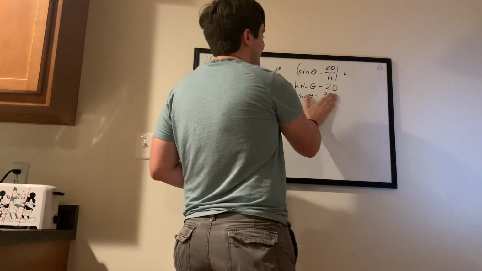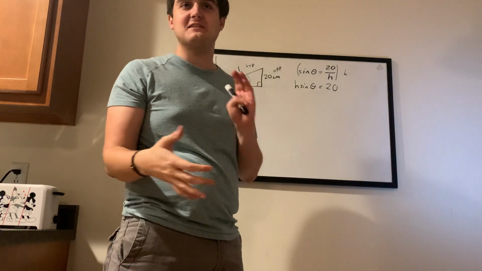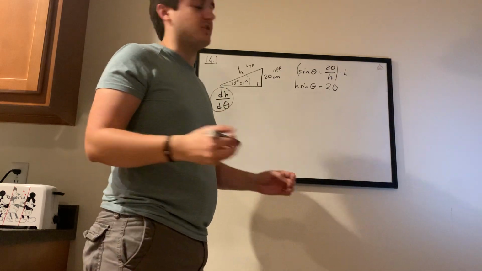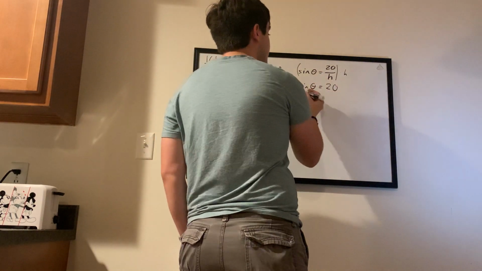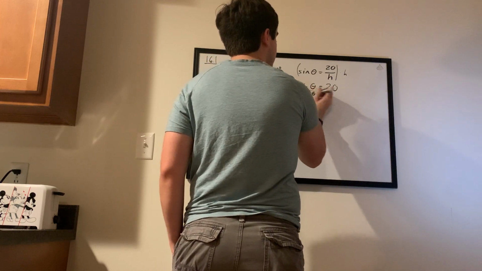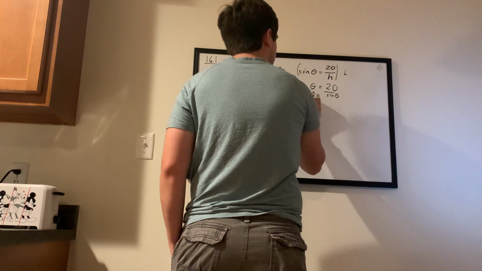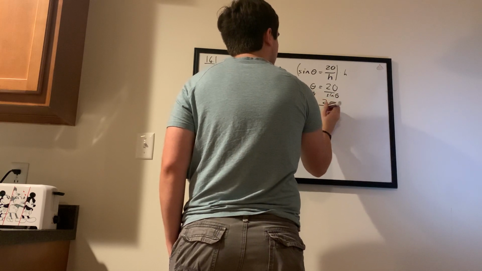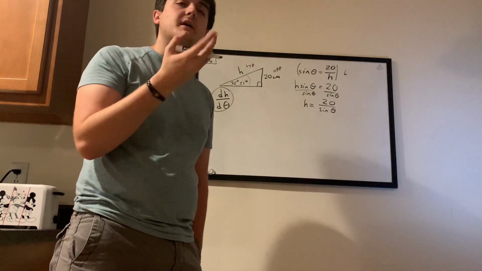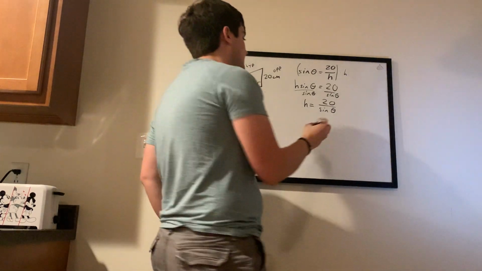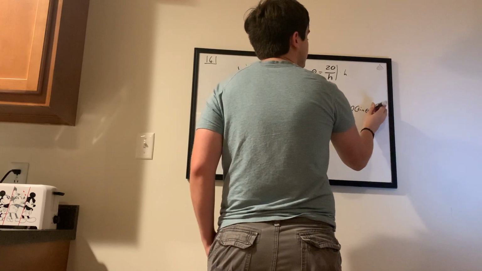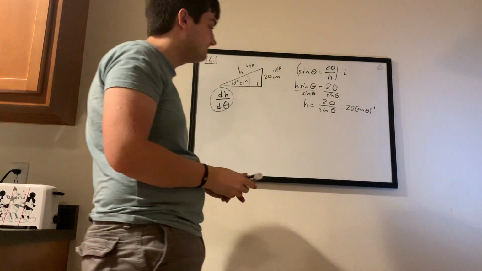Sorry, I want to apologize for that slip; I probably won't re-record it. I meant to divide the sine over, because I want to get h by itself. So h equals 20 over sine theta, and since we have something in the denominator, I can rewrite this as 20 times sine theta to the negative first power.